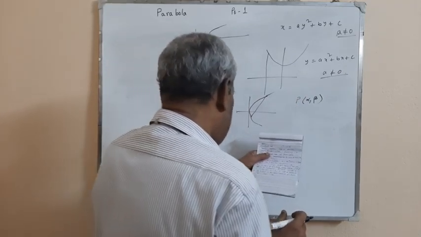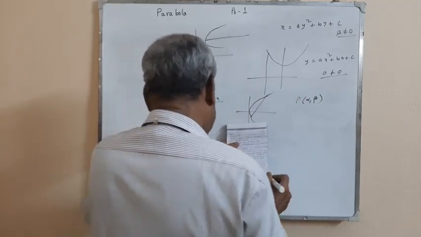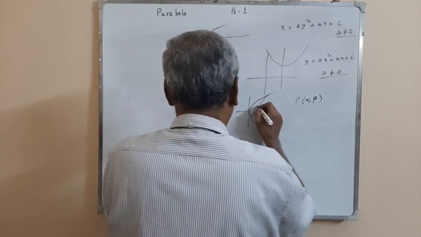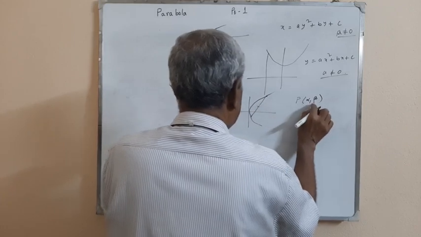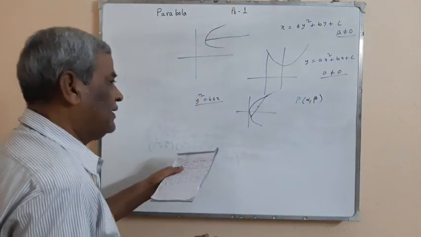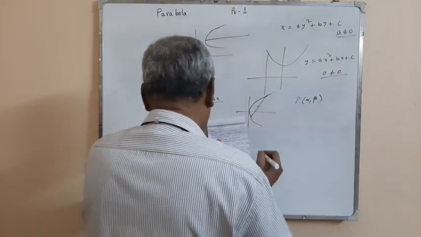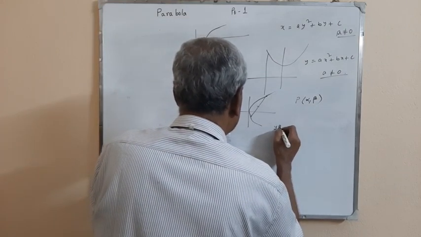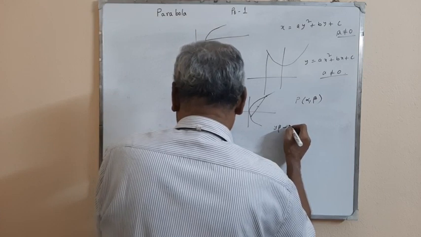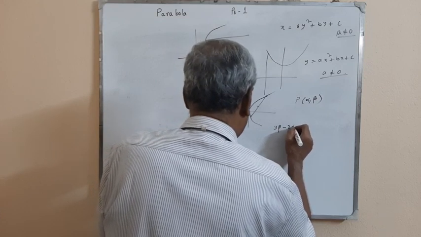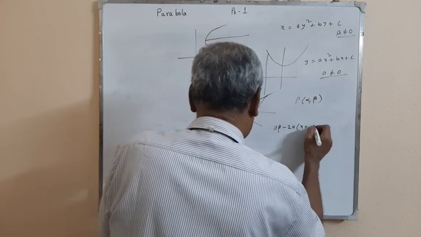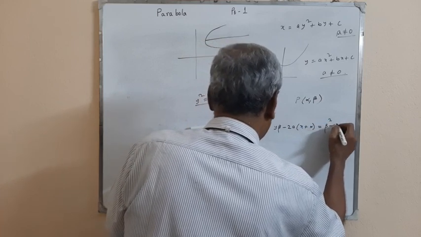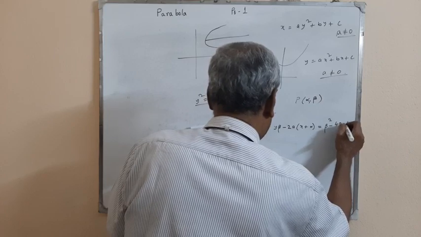If its midpoint P is given as (alpha, beta), then its equation is y beta minus 2a into (x plus alpha) equals beta square minus 4a alpha.